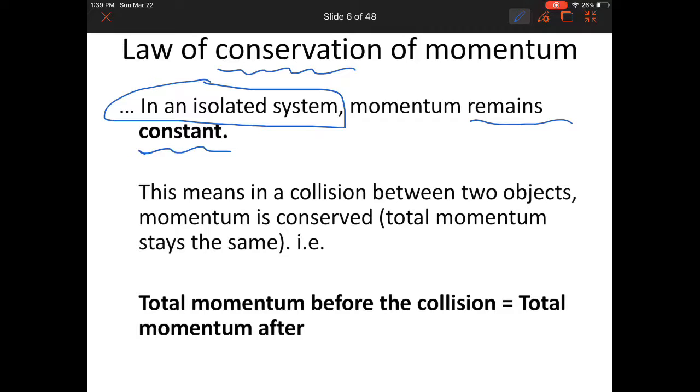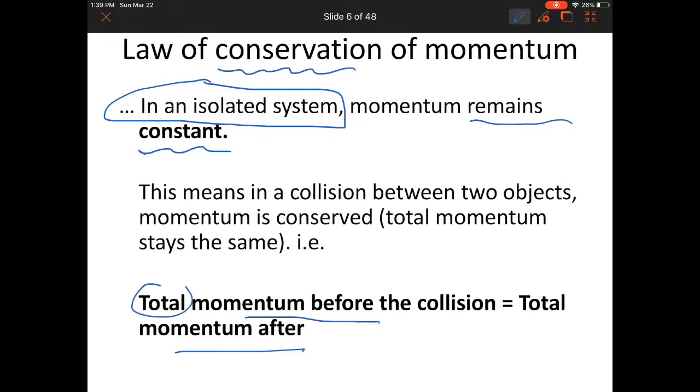The law of conservation of momentum states that momentum does not change, or it remains constant. That literally means when two things collide, the momentum is still conserved. The total stays the same, meaning the total momentum before the collision has to be equal to the total momentum after.